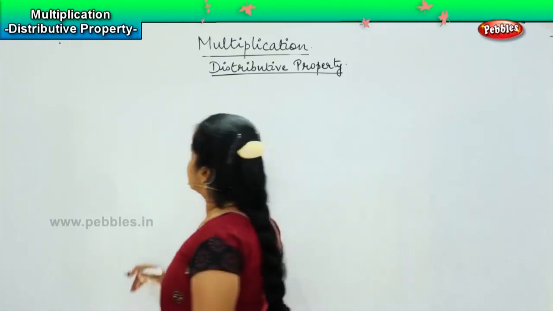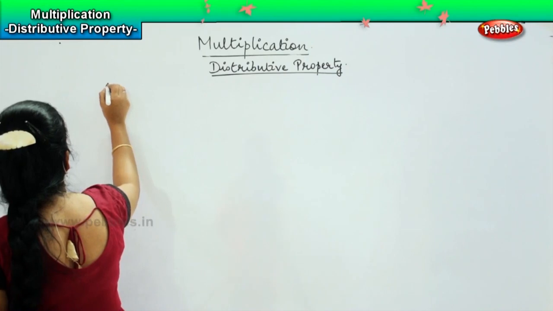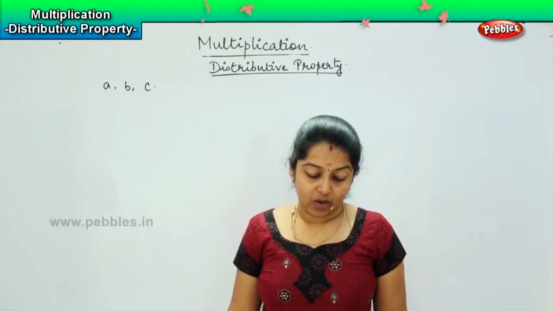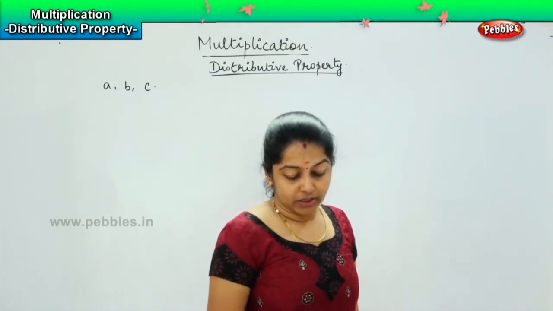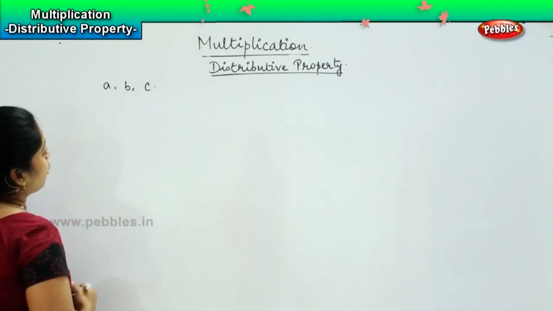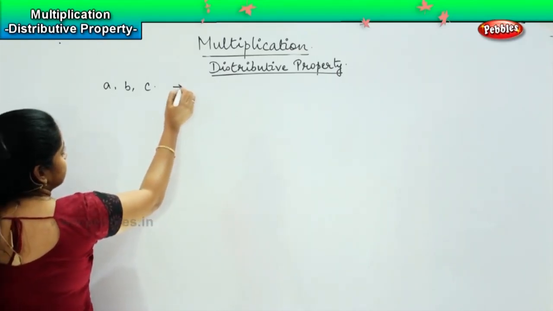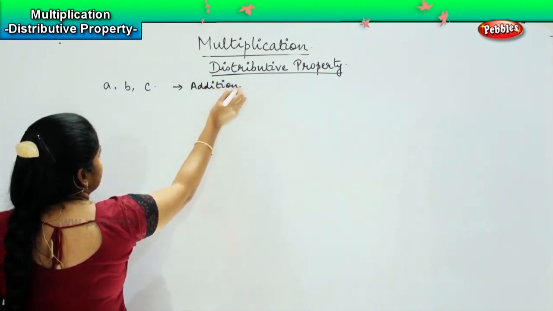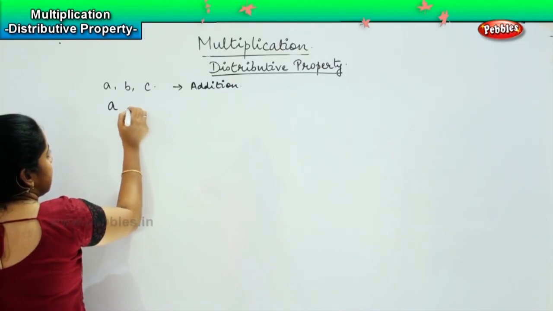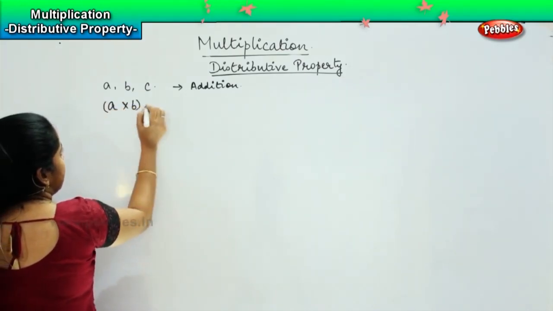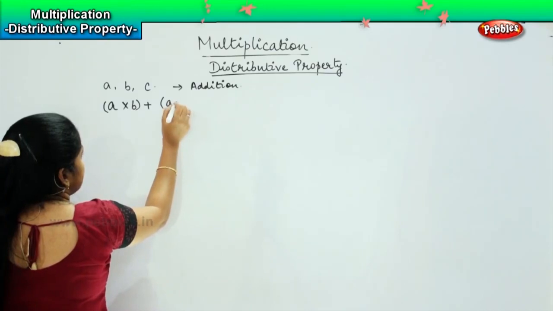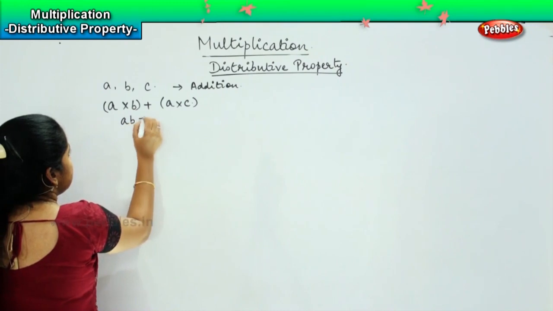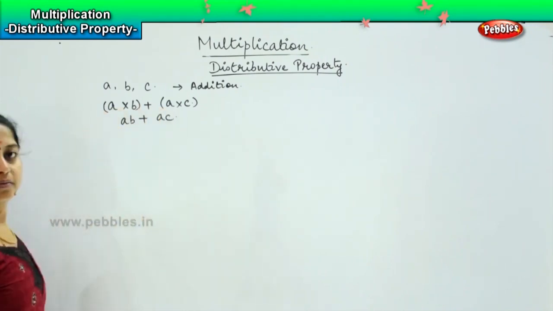Okay. For example, suppose I have three numbers A, B and C. Now if I have to find the product of it using addition, suppose I am using it in the addition form, then how will I write? I can write A into B plus A into C. I can also write AB plus AC.